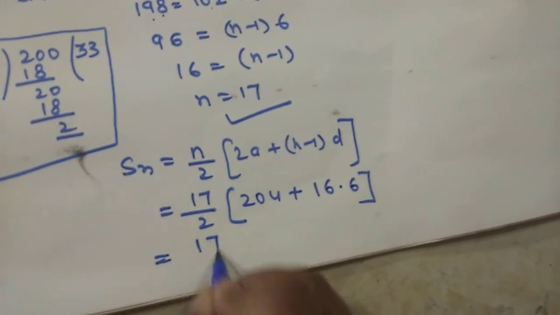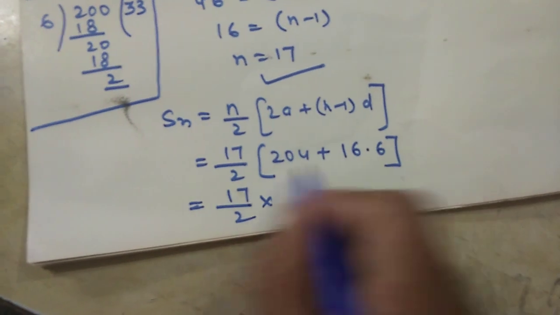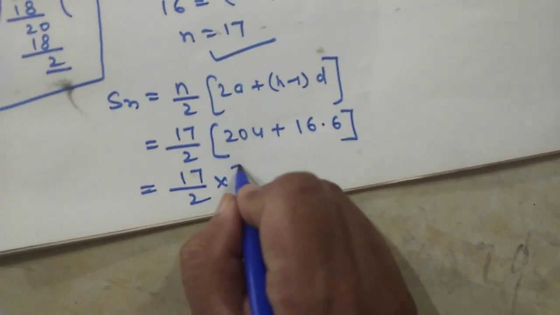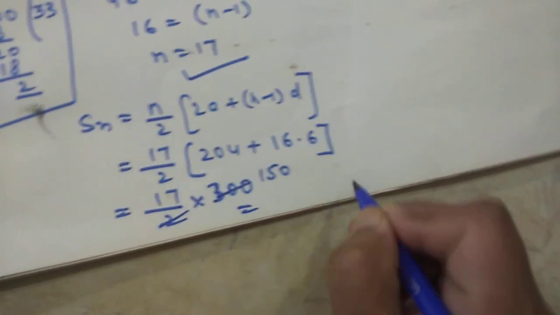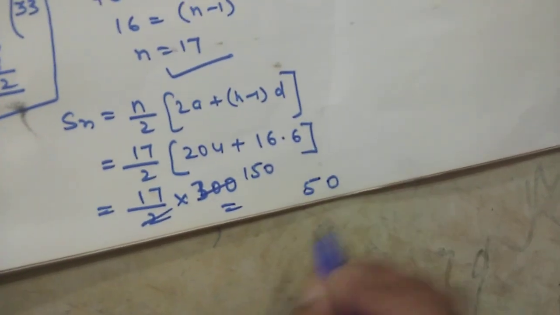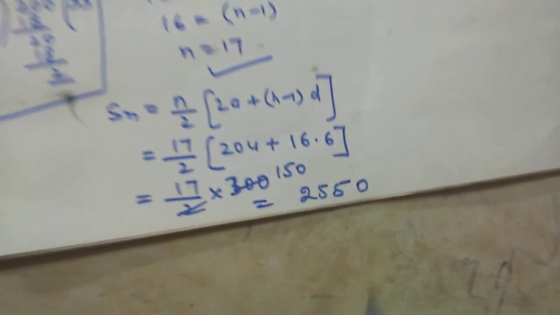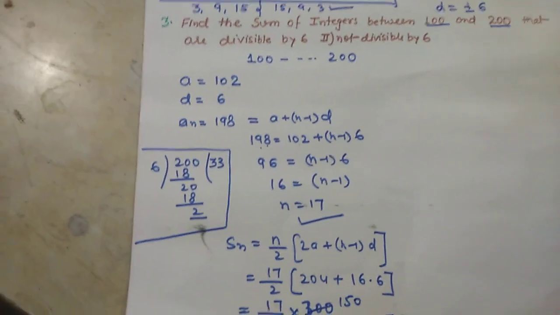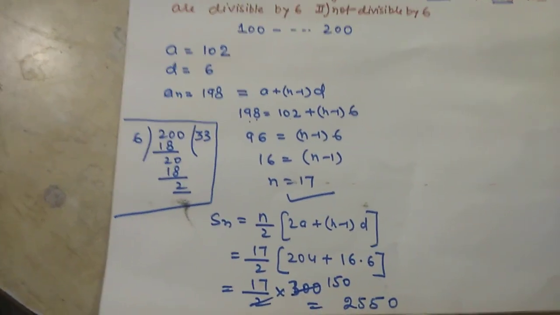So this is 17 by 2 multiplied by 204 plus 96, that is 300. So this will be 150. 17 times 150 is 2550. This is the sum of the total numbers which are divisible by 6 between 100 and 200.